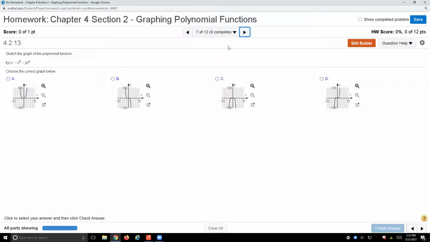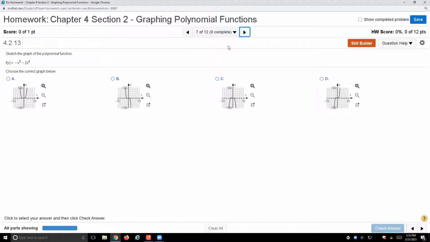Pretty straightforward, I hope. Number 7, f of x equals -x to the 5th minus 2x to the 4th. Now, the degree is 5, and A is negative, so it's less than 0.